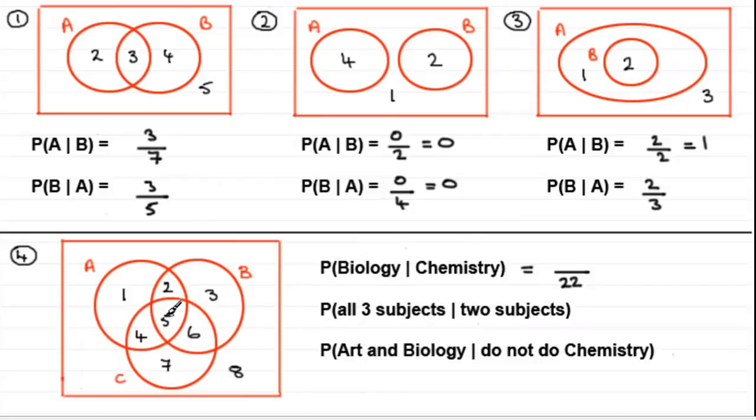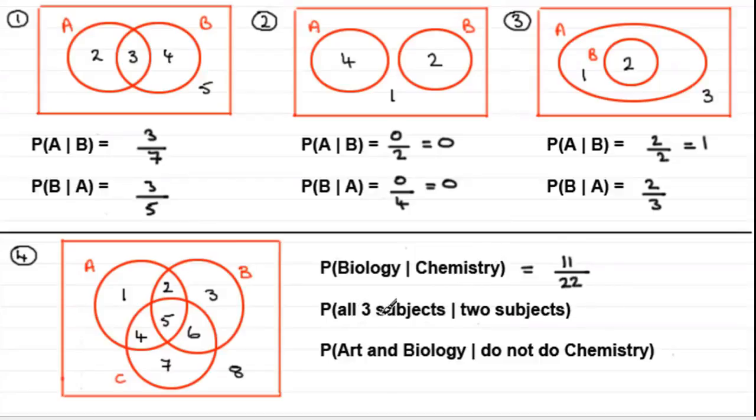Well, it'll be these two categories here, 5 and the 6. 5 people do all three, but they certainly do biology. 6 people do just biology and chemistry, but nonetheless they do biology. So it's a total of 11 people, 5 and 6. 11 people do biology compared to those doing chemistry.